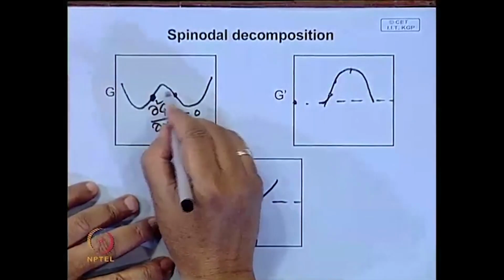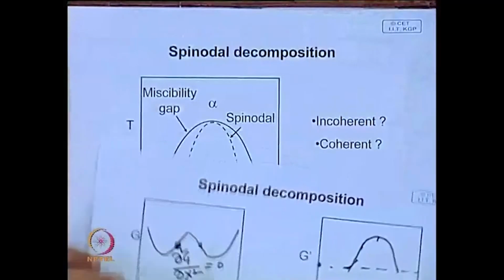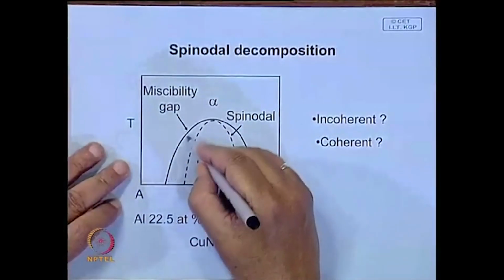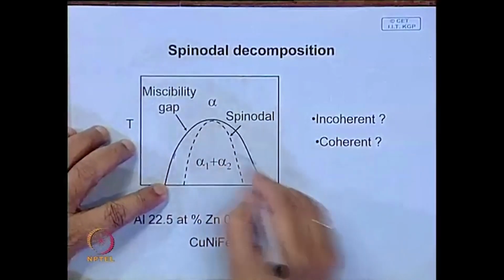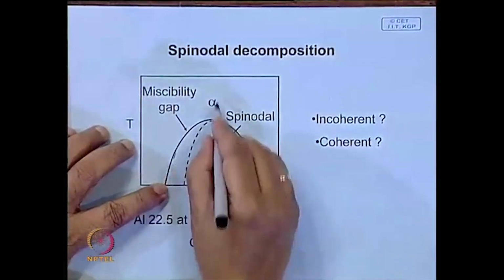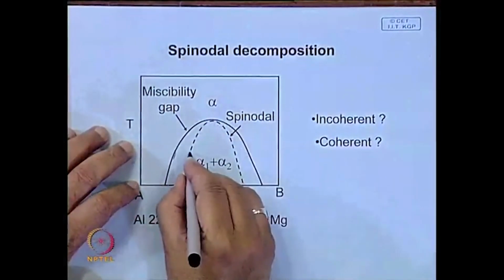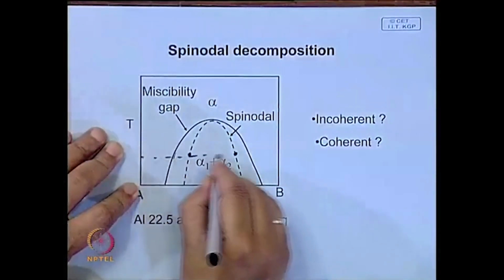This is where the inflection point is and this point is called spinodal. So, if you have an alloy system, this is a spinodal, this is the solvus curve and here you have these two types of precipitation. It is possible to show this is the spinodal point at a particular temperature.